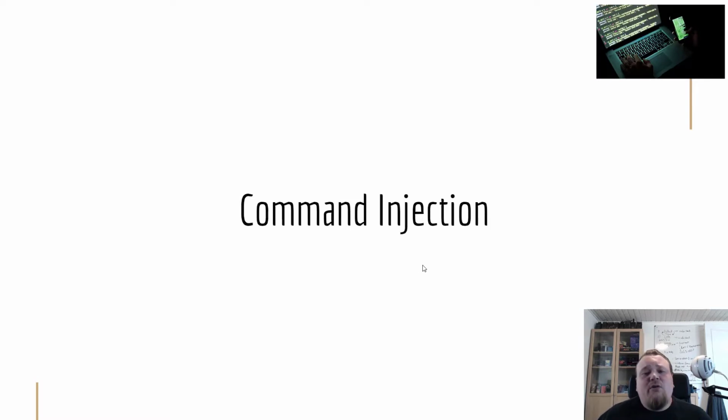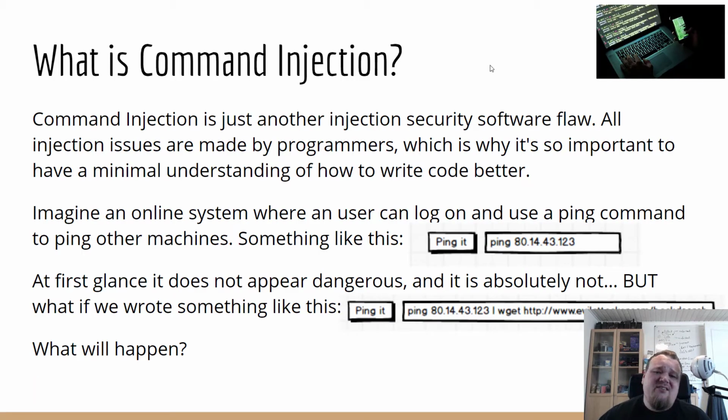So you can also do something called command injection. And command injection is very, very bad, because let's say that you have some way of pinging another web page or some IP address. That's what you do, right? The ping command.